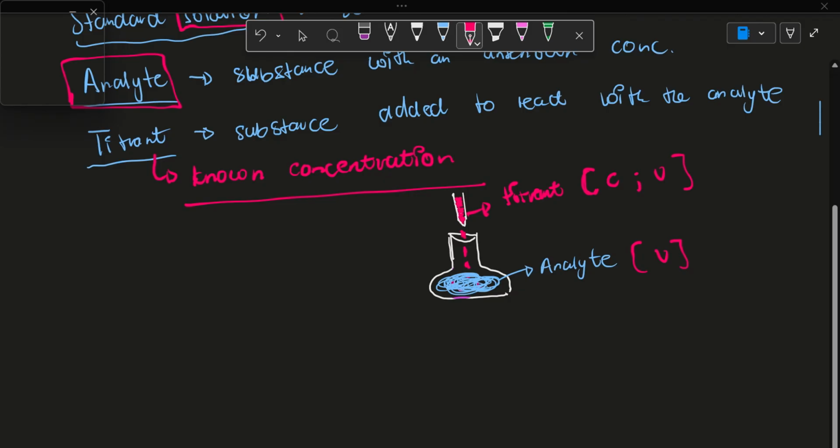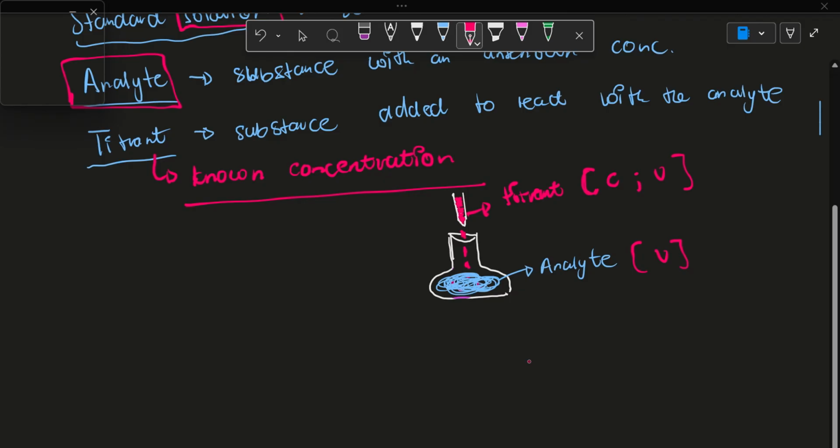And remember, the titrant has a known concentration and a known volume, and the analyte has a known volume but not a concentration. Then as we keep titrating, adding drop by drop by drop of the titrant, we reach the end point. The end point is the point where I have an equal amount of my titrant and the analyte, right?